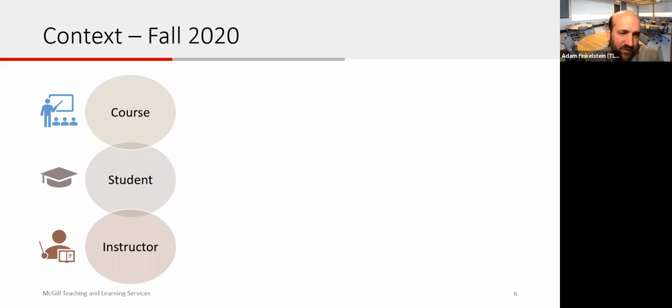So for example, if we continue forward, Carolyn, with the animation there, the course context is really talking about size, level, and required versus elective, or the policies that are involved. Those are really the critical things that we need to think about to be able to make sure that we're aware of how we're adjusting our course design and what we're doing.